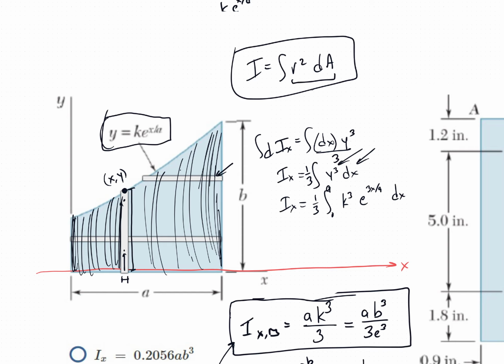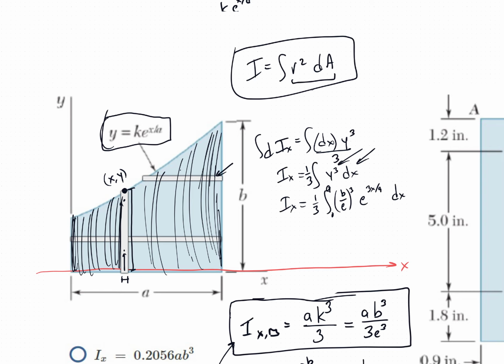So we're going to replace k cubed with b over e cubed, because that's what we discovered earlier that k is. Now, if you're hoping that e cubed on the bottom is going to cancel out with that e to the 3 that we got right there, well, you're in luck, but it's not going to completely save us.